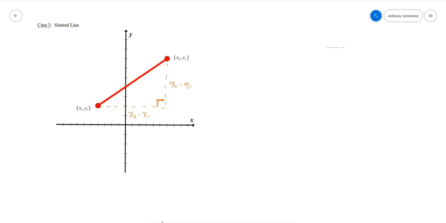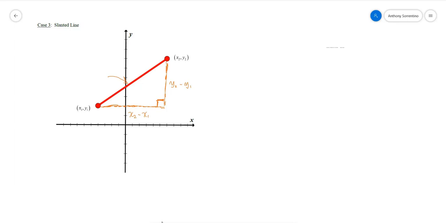What I set up here is, I could bring this up into a horizontal and vertical distance, and recognizing that this is a right triangle, and remembering some of your high school level math again, I could find this distance here using the Pythagorean Theorem.